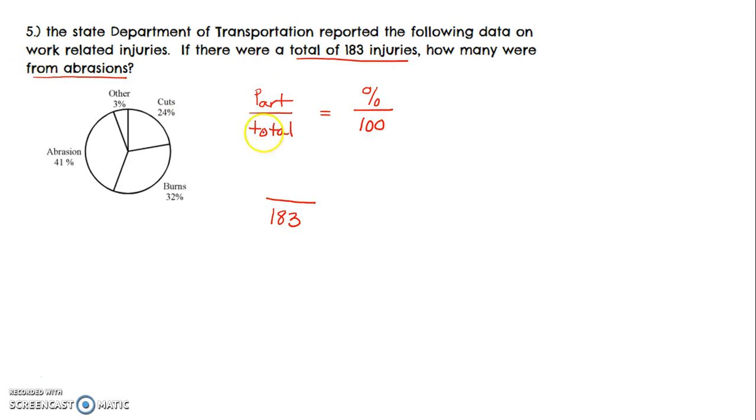So the part we care about are the number from abrasions. I don't know how many were from abrasions, but I know my percent that's related to abrasions. So the part we care about is abrasions out of the total injuries. And so on this side, we also need to worry about our percent abrasions.